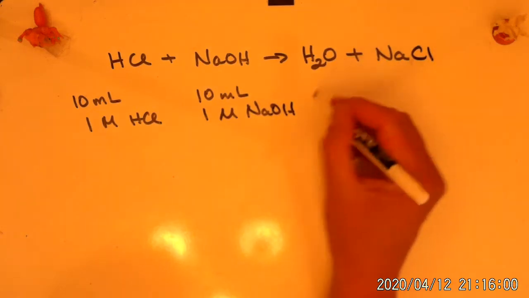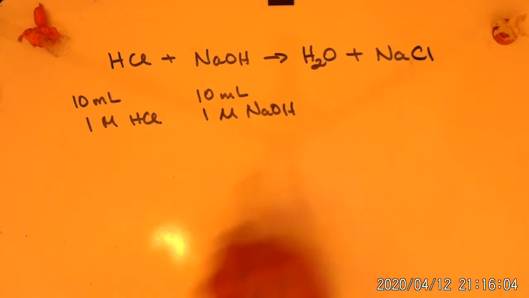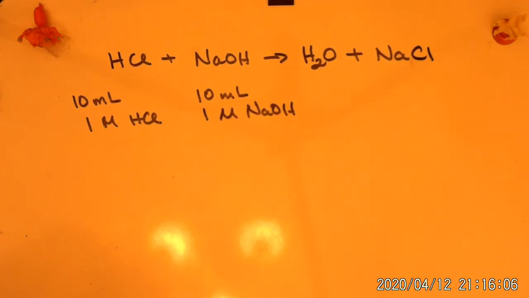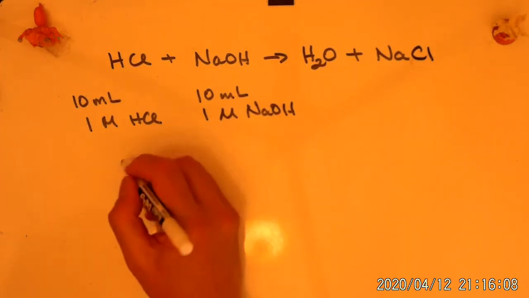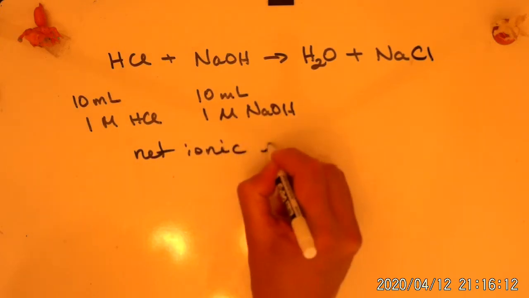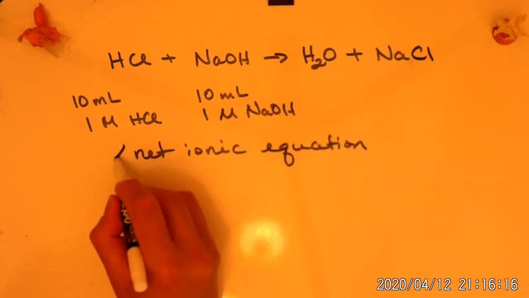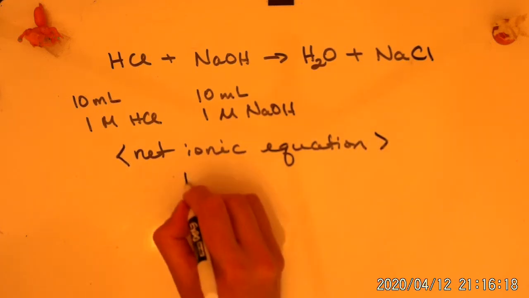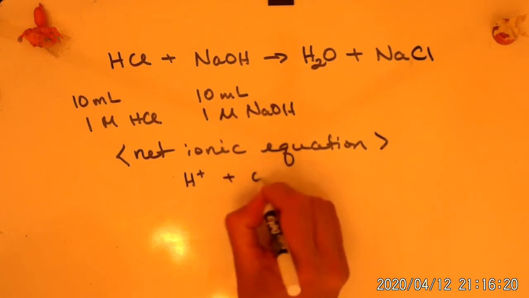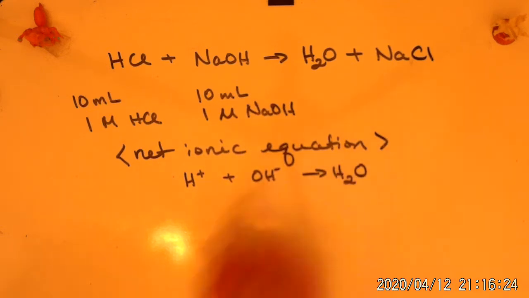So you know that's going to react completely and give you your water and sodium chloride. If I really look at my net ionic equation, what we're really doing is H plus and OH minus gives me water. That's really the key reaction that we're looking for.